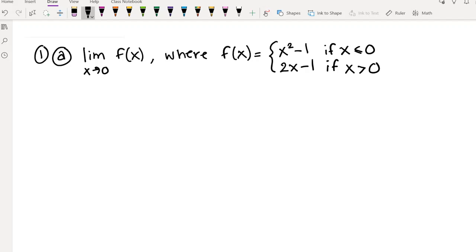You could do this just by looking at the equations. So if you wanted to do this by looking at the equations, you could use the top equation. Notice that the first equation is what you use if x is less than or equal to 0. So if you're going to take the limit as x approaches from the left, you would use this.